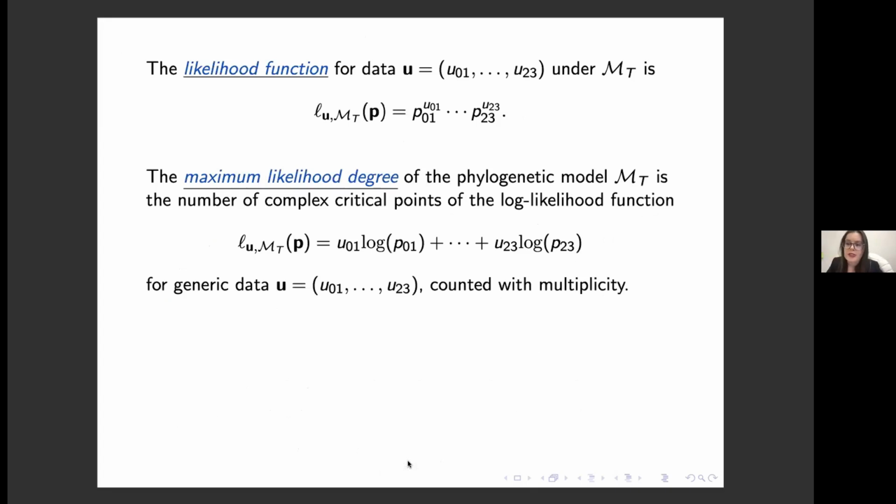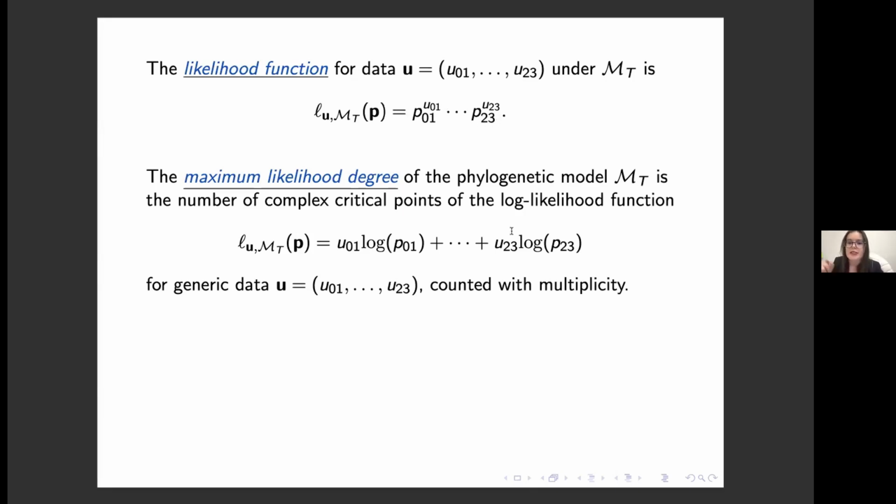So the question is about maximum likelihood estimation. The likelihood function, as Jane mentioned for log linear models, for some data u under this model M_T is the function p01 to the power u01, and so on, up to p23 to the power u23.